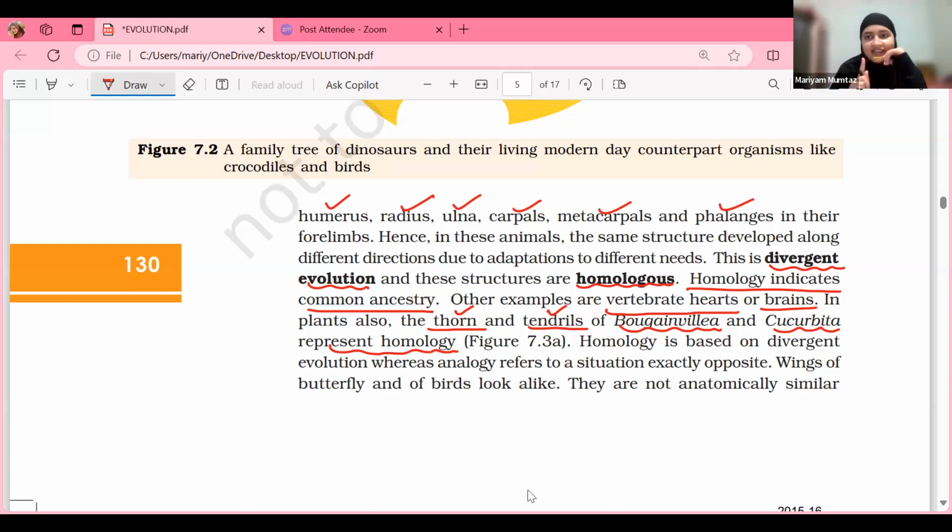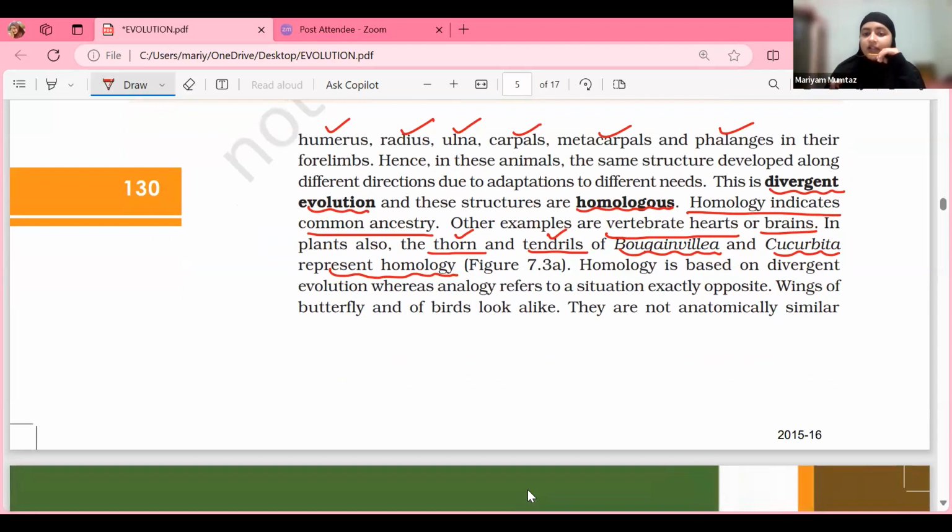Tendril is not acting as a defense, rather it is a supportive structure. So again, the origin is the same, which is the modification of stem. The function is different. One is for protection, one is for support. So again, this is homology, and homology is divergent evolution. Got it?